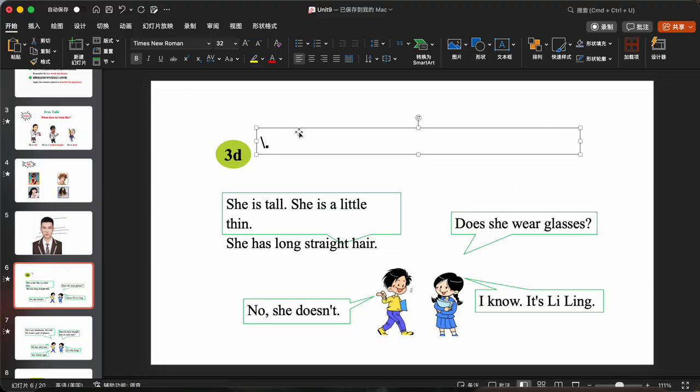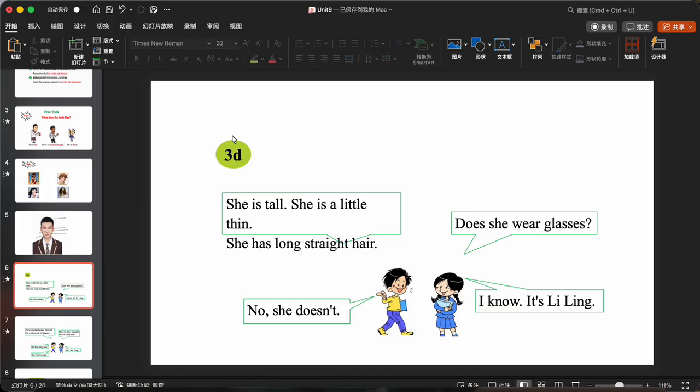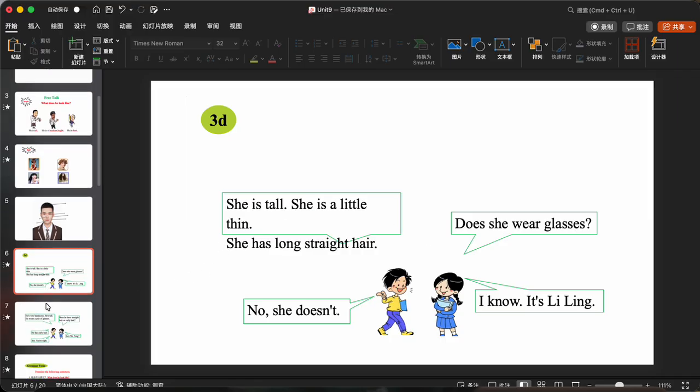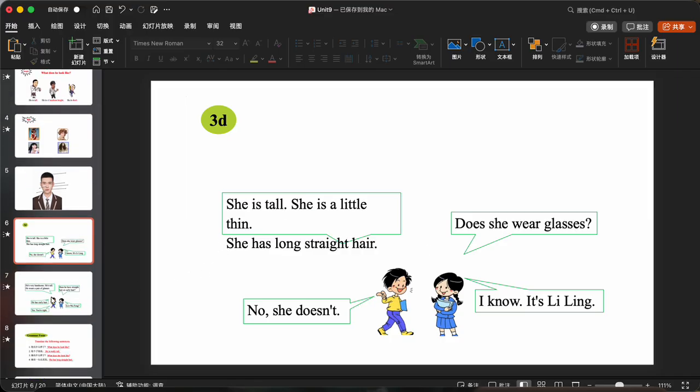I will use it with my own voice. And here I can use examples to show the students, let them know the activity, and then I will invite some volunteers to show the performance and let other classmates guess.